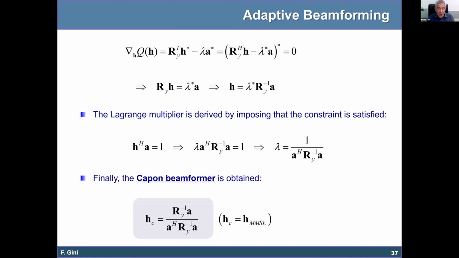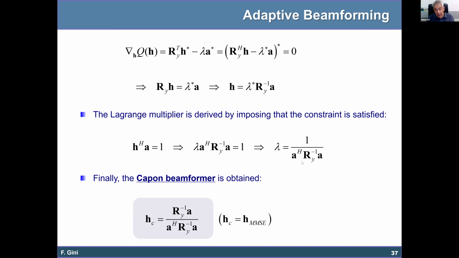We calculate the gradient, we set the gradient equal to 0, we come up with a linear system of equations, we solve the linear system of equations, and we find the solution. The solution depends on the Lagrange multiplier. To find the Lagrange multiplier, we impose the constraint. So we replace this H here, and we find lambda in such a way that the constraint is satisfied.